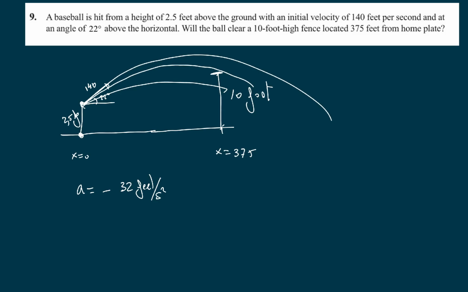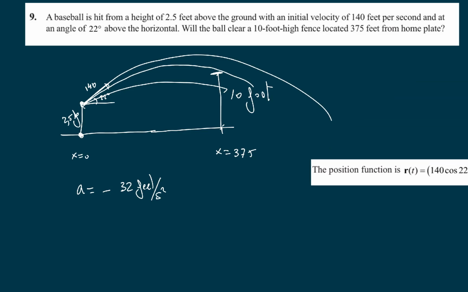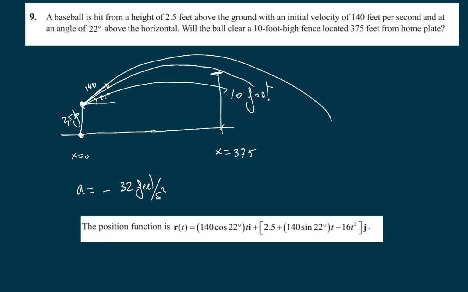According to the previous problem, the position function of the ball when the acceleration is minus 32 feet per second squared is v0x t i plus v0y t j, where v0y is 140 sine of 22, plus the initial position.